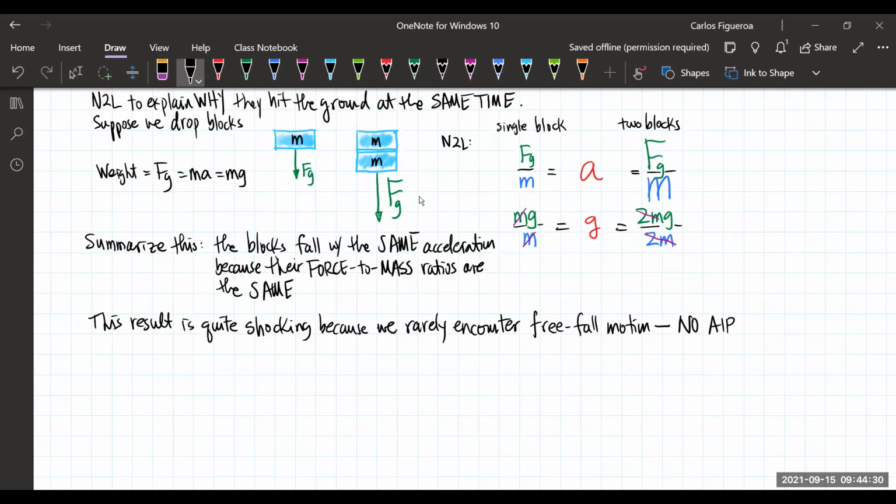No air resistance. We really don't encounter air resistance unless it's a very special situation.